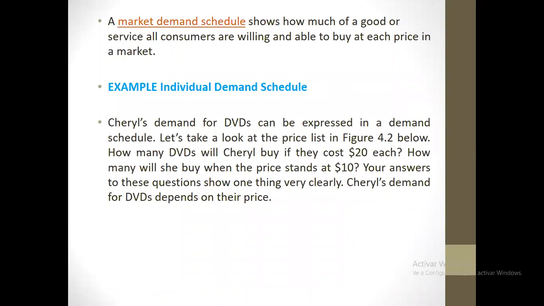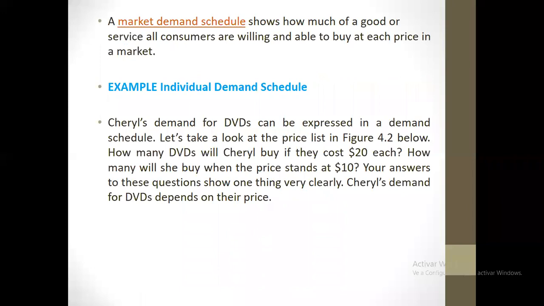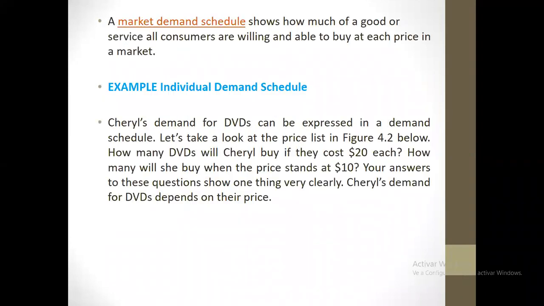Okay. Now there's another term: the market demand schedule. This one is an individual, and this one is the collective, the group in a segment of the market. This one is the collective of all the demands from the people.